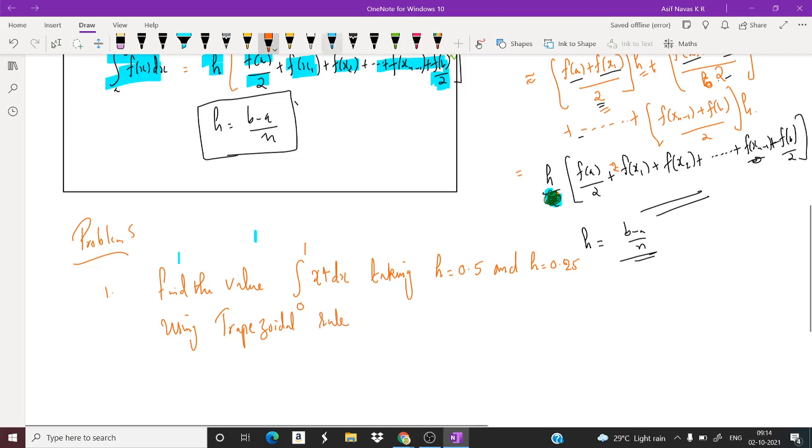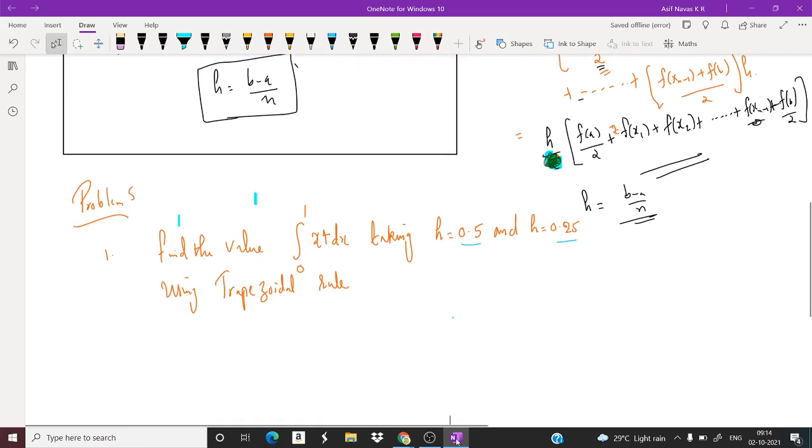So we have been given the interval length: in the first case 0.5 and in the second case 0.25. Now we have to integrate this.